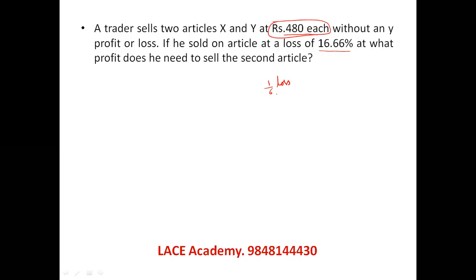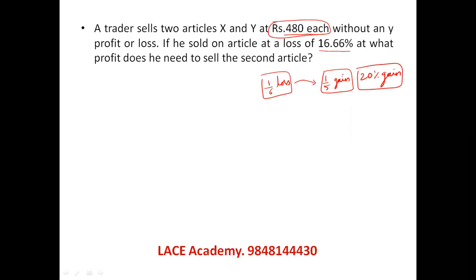If one is a 1 by 6 loss, the other should automatically be a gain. A 1 by 6 loss can be compensated by a 1 by 5 gain. If you know the 1 by n, 1 by n plus 1 and 1 by n minus 1 fractions, a 1 by 6 loss will be compensated by a 1 by 5 gain. 1 by 5 gain is 20% gain. The logic behind this is profit or loss or percentage changes. You can go through the proportions video to understand what is happening here. Let's see the next question.